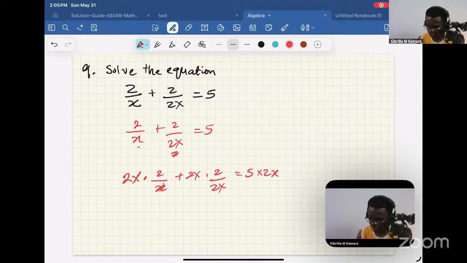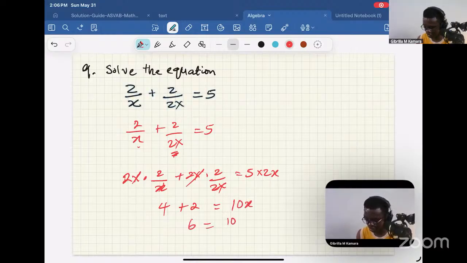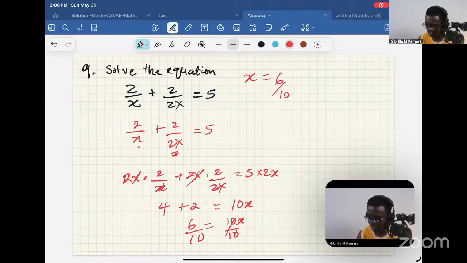Now this and this goes, so you're left with 4 plus this 2x cancels with this 2x, you're left with 2. This equals to, if you multiply that, gives you 10x. This is 6 equals to 10x divided by 10. This by 10, this and this goes, so my x is equals to 6 over 10.